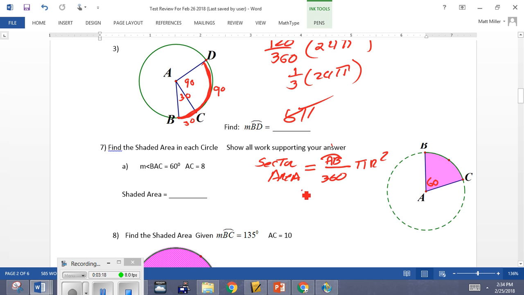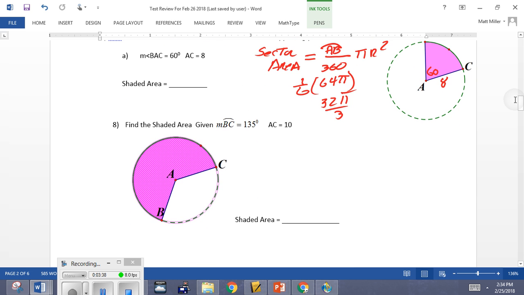So we're looking at 1/6 of, and the AC, the radius is 8. 1/6 of 64 pi, that's pi r squared. So that's 32 pi over 3, and we'll leave it at that. It's best you leave them in these fraction forms. I'm most impressed when you do that.